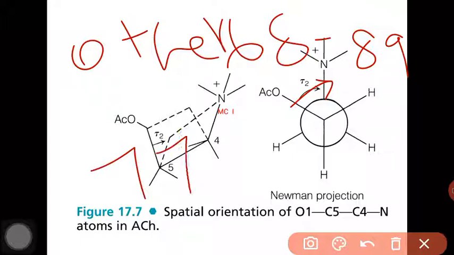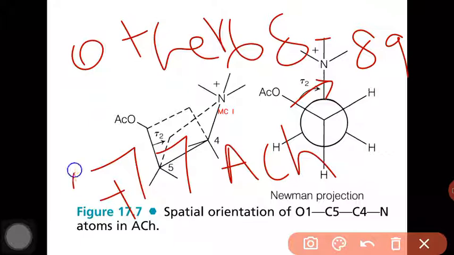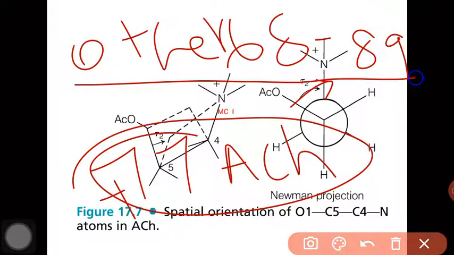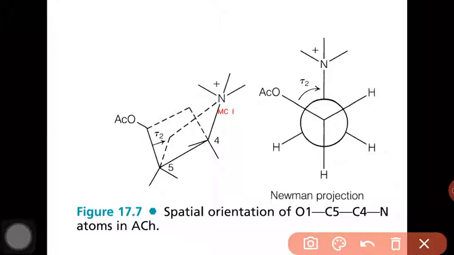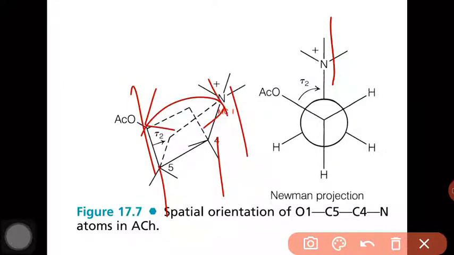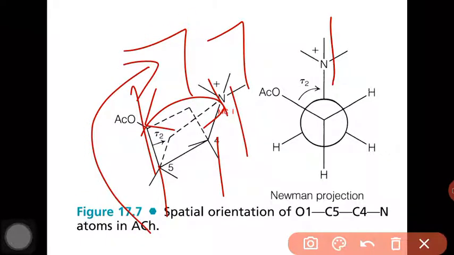For acetylcholine it is plus 77, and for other drugs it ranges between 68 to 89. So, what is this torsion angle? The back carbon is fixed and this is rotated, and that is found out: how much angle is needed so that it binds with the receptor. So, that comes around 77 for acetylcholine, plus 77.